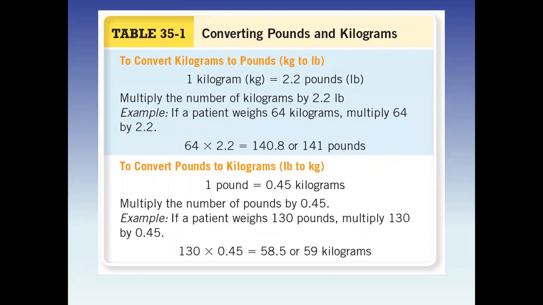Multiply the number of pounds by 0.45. For example, if the patient weighs 130 pounds, multiply 130 by 0.45, which would be 58.5 or 59 kilograms.